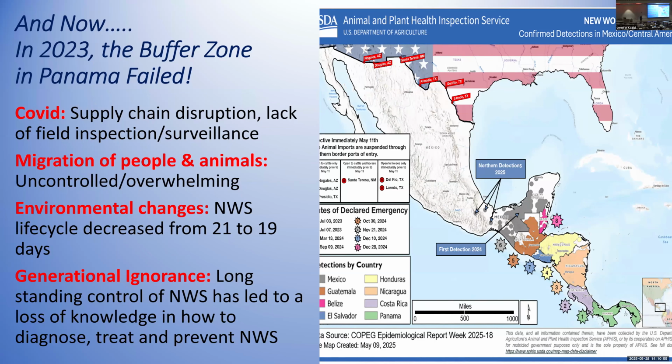In Panama, it's been 20 years since they had to deal with it out in the field. And people forgot how to institute husbandry practices to minimize the effects. They forgot how to look for it. They forgot how to report it. And here you go. It took hold and away we went.